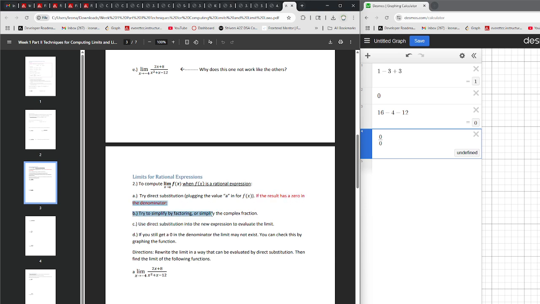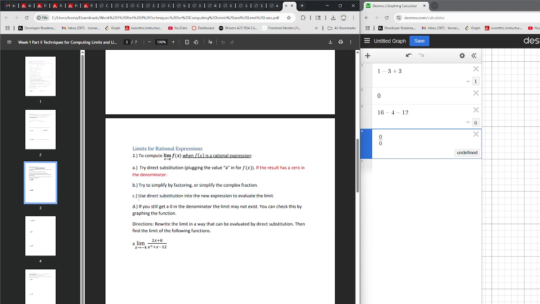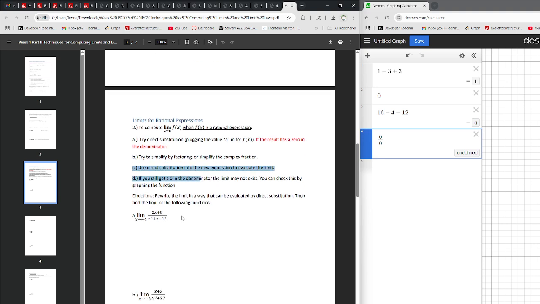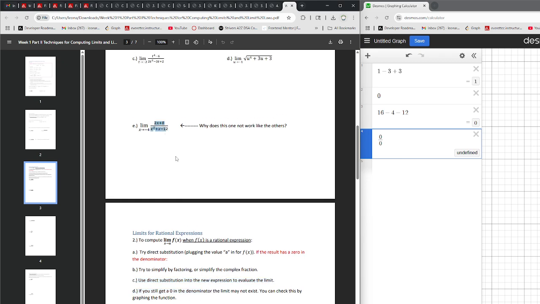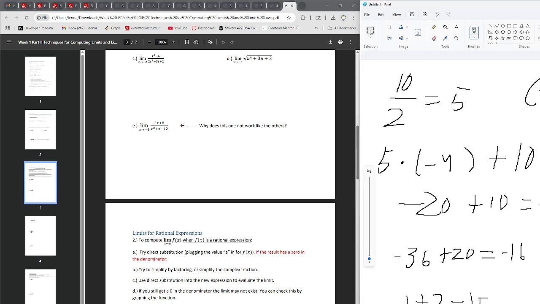It does. Try to simplify by factoring. Right, so literally use the same thing again. Well, how do we factor this? We could say x squared plus x minus 12. Let me mental math factor this.